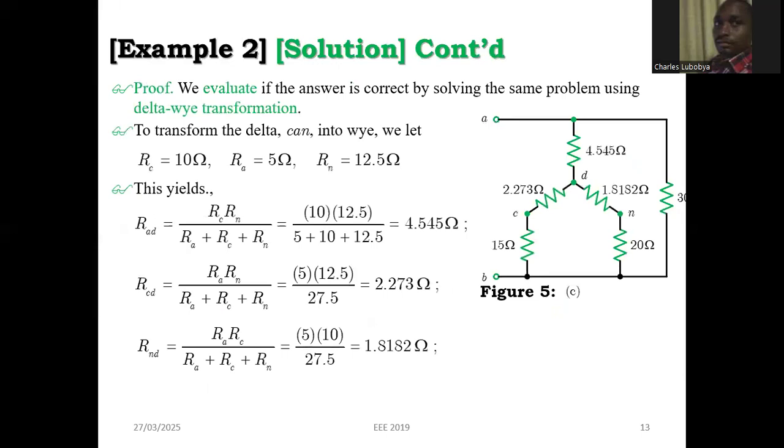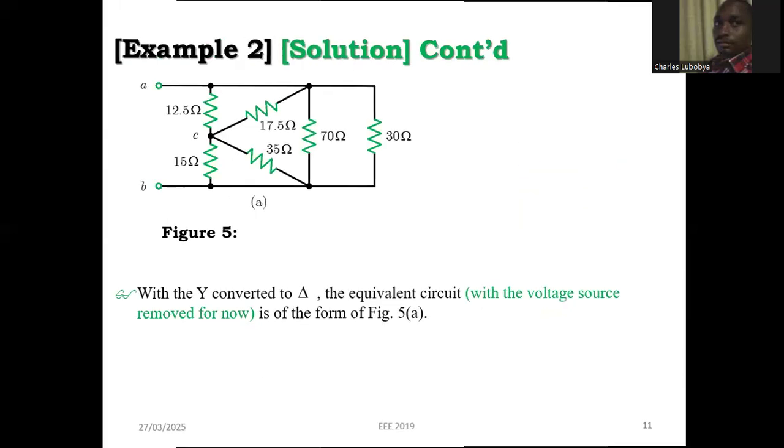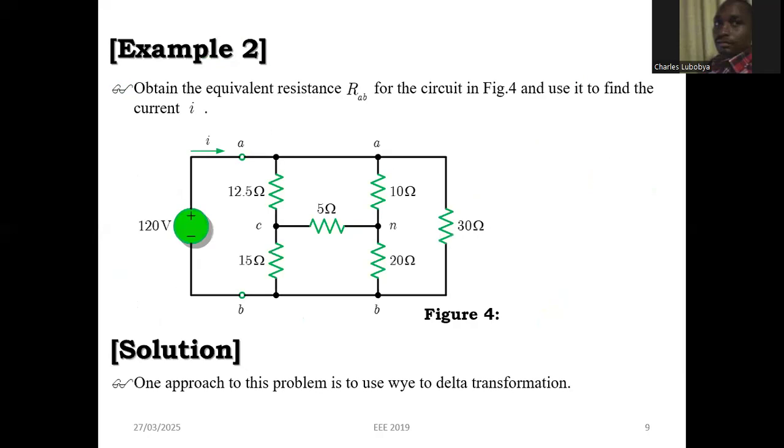Now, the same circuit can be simplified by taking, for example, from that original circuit, if we chose to not necessarily break this star point there, but we chose to simplify this part, which is connected in delta.